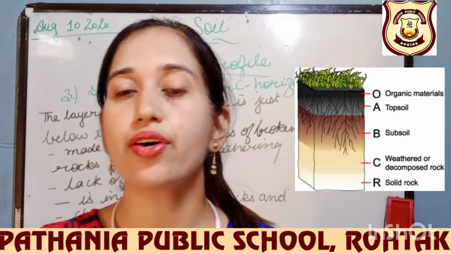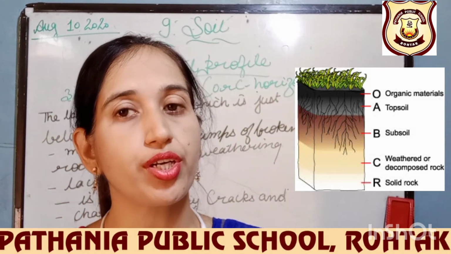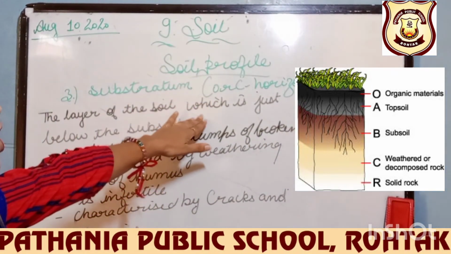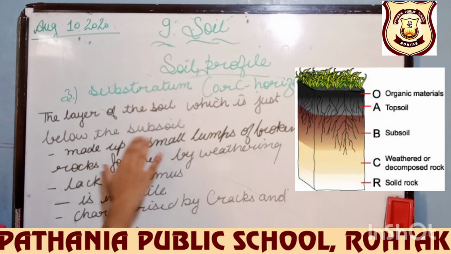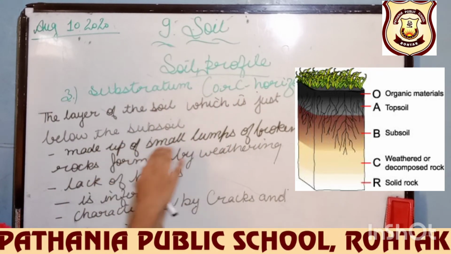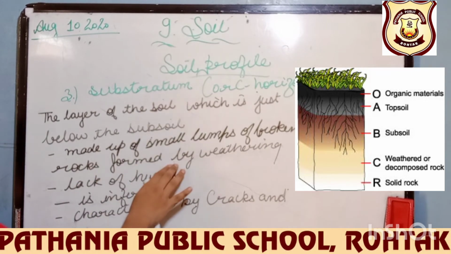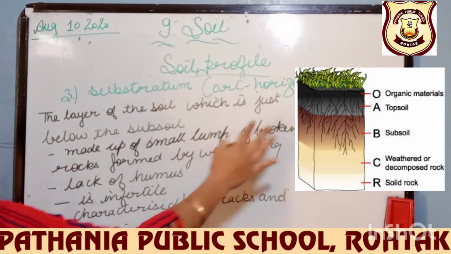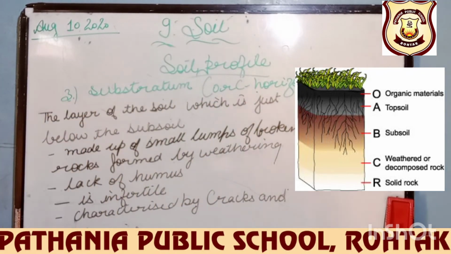The next layer just below the subsoil is called substratum, or C horizon. The layer of the soil which is just below the subsoil is called substratum. It is made up of lumps of broken rocks formed by weathering of bedrock, which lies below this layer.